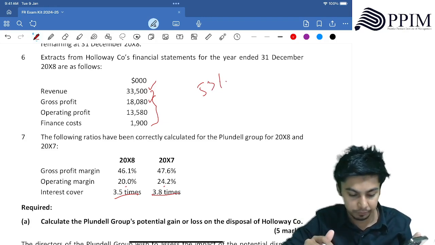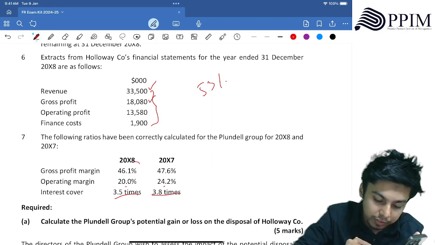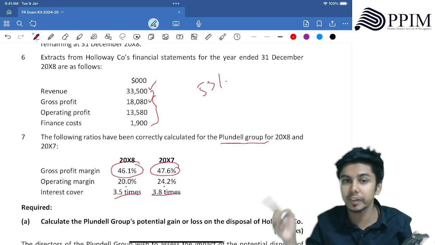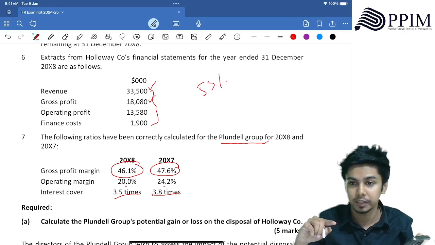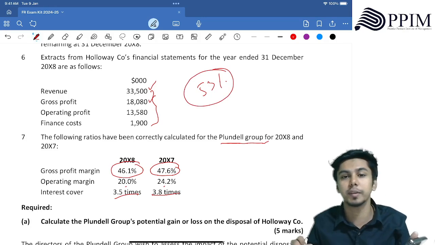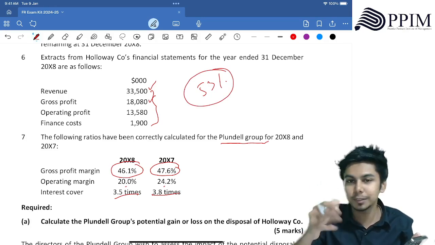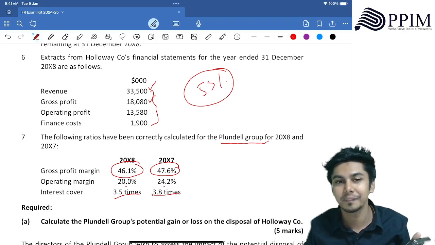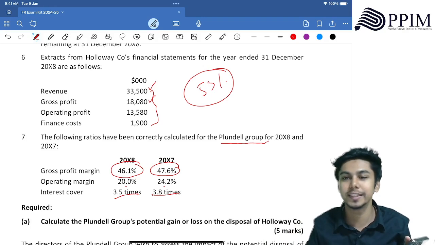Now see, 46.1% and 47.6% is the group, meaning Holloway and Plundle both together, but Holloway alone is making a 53% gross profit margin. That means who is bringing this company down? Is it Holloway or Plundle? Plundle is the one bringing the performance down.